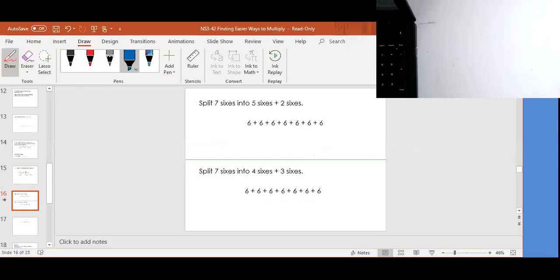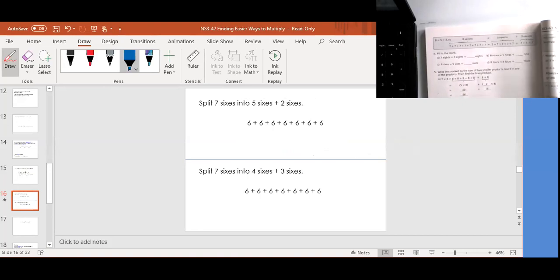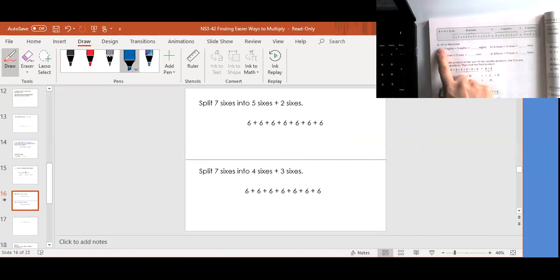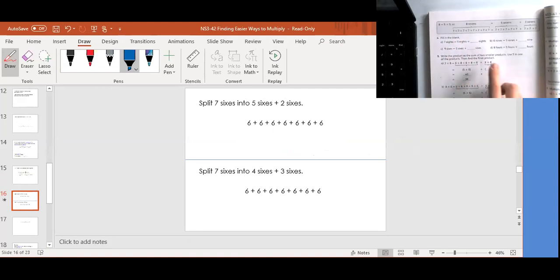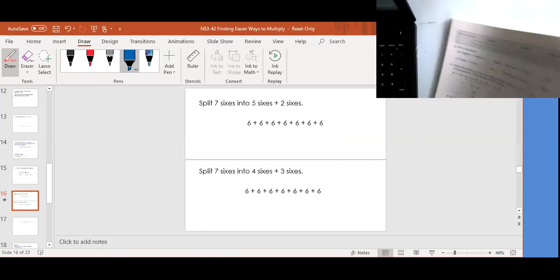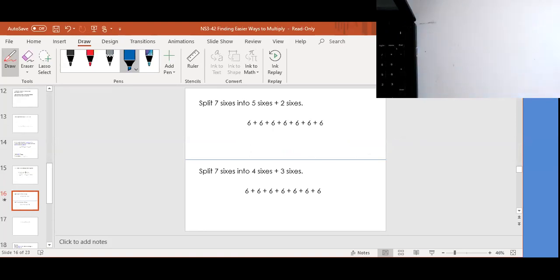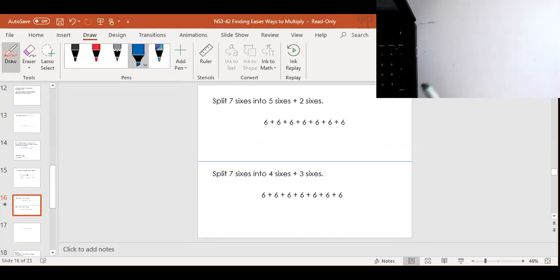Okay, so the next ones are kind of how you're going to be doing question 4 on page 184, filling in the blank. This part and the rest of this page, but the top part here for sure. Okay, so it says split 7 6s into 5 6s and 2 6s.